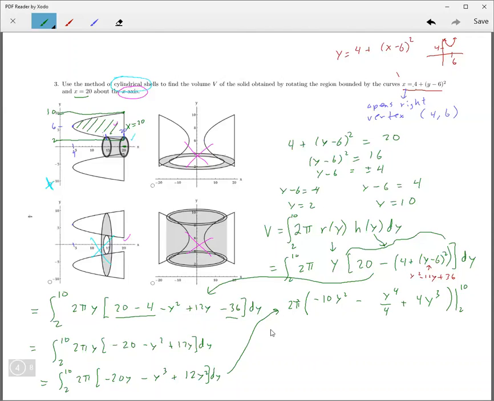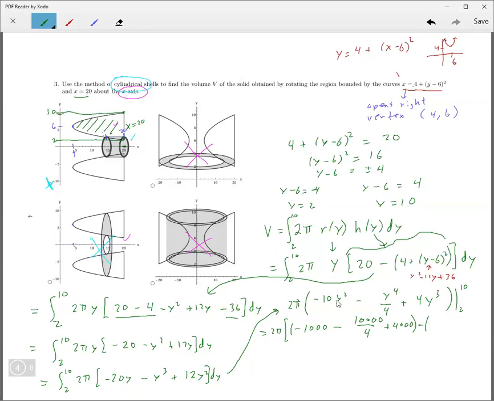Okay, now I'm going to plug in a 10. Plugging a 10 here gives you 10 squared, which is 100. 100 times 10 is 1,000, so negative 1,000. Here it's minus, let's see, we plug a 10 in here, you get 10,000 over 4. And then plugging a 10 here, you get 4,000.